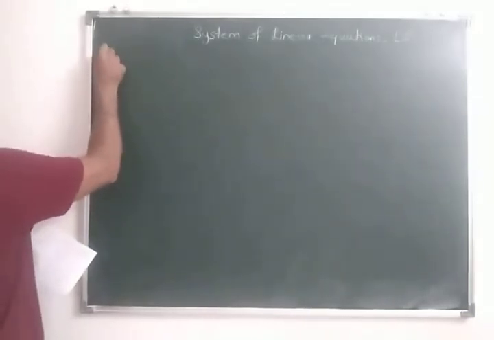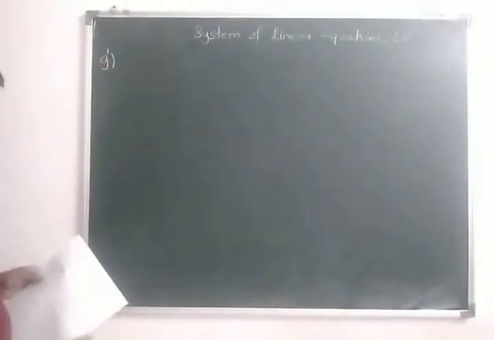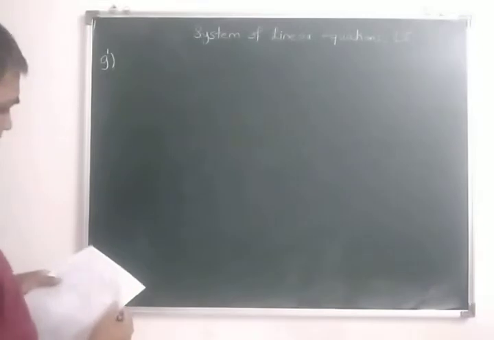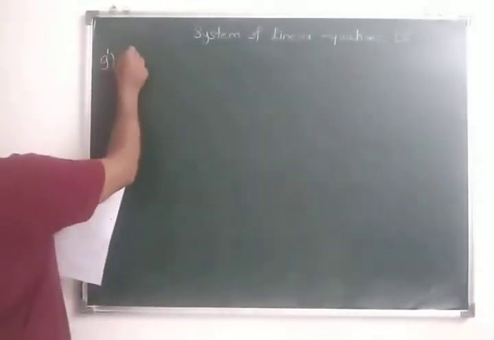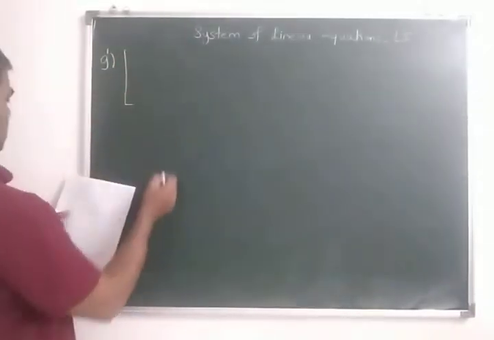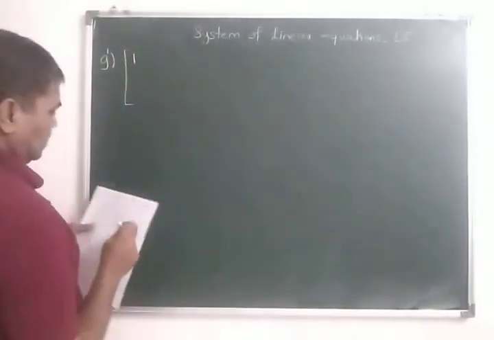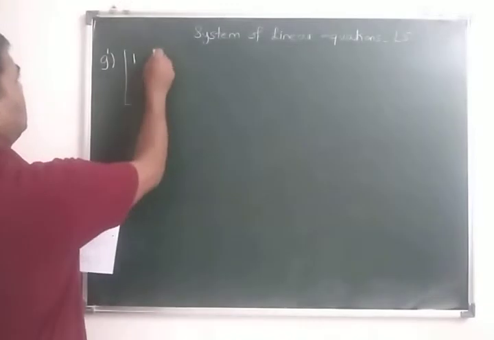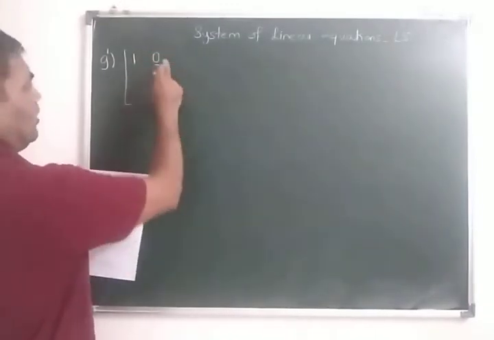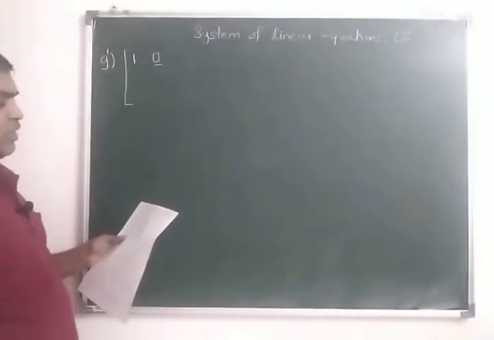G, I am denoting it by G dash because I am making some changes there. So what is the matrix? 1. Here instead of 0 in your book, minus 6 is given.